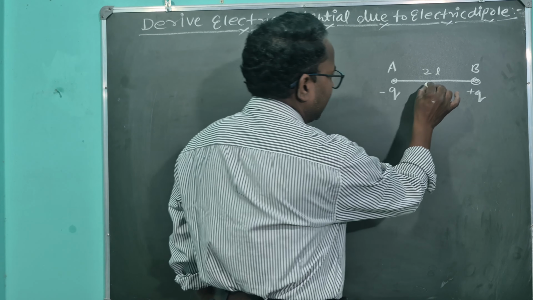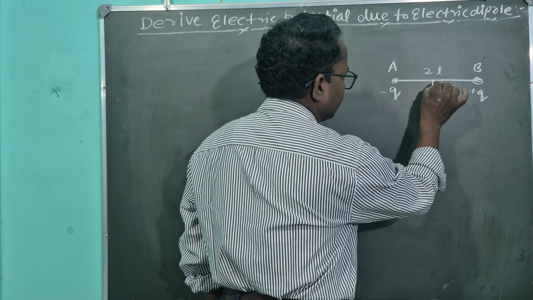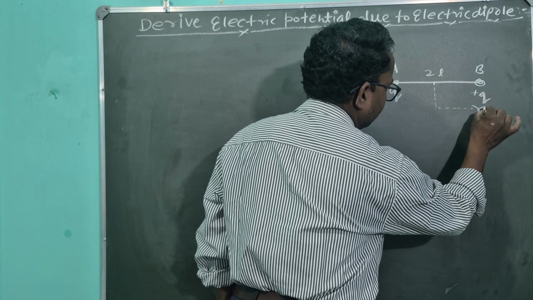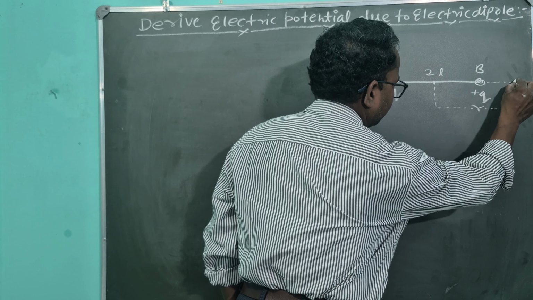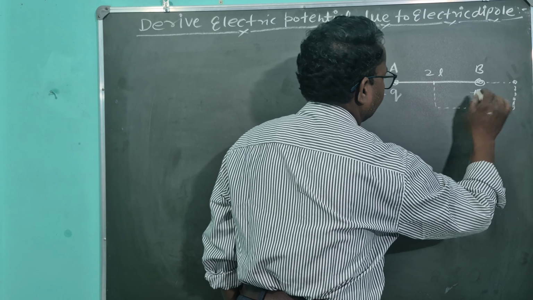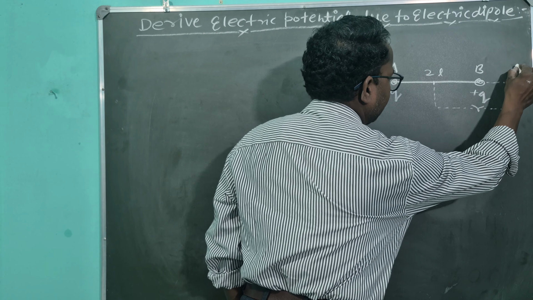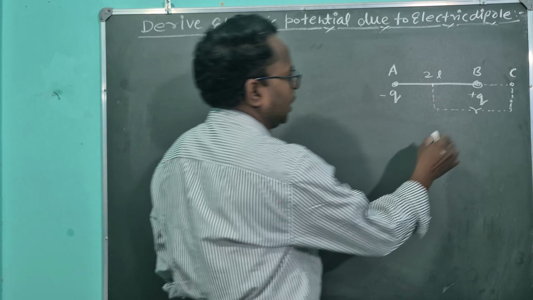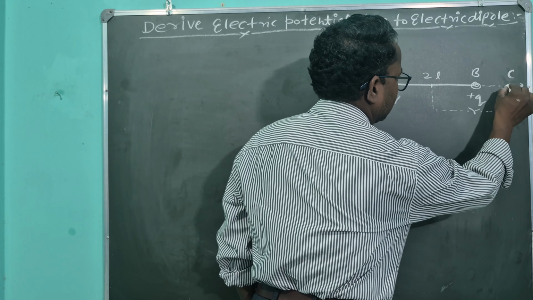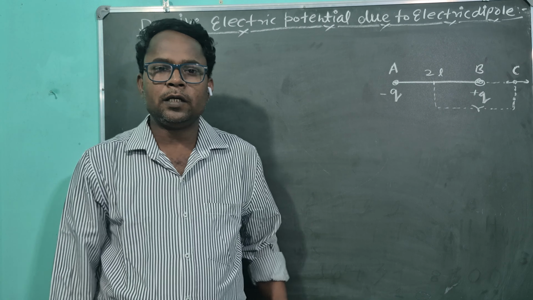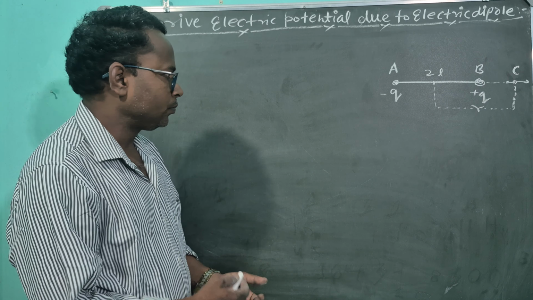From the midpoint of the dipole, at r meter distance, a point P, or C, is situated. At that point, we have to find the electric potential due to the electric dipole.